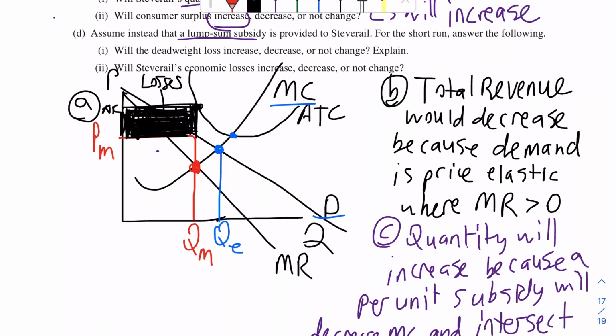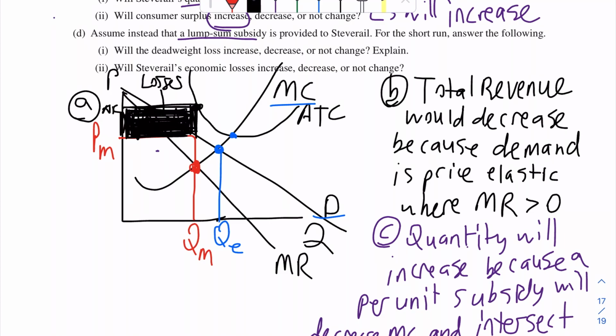Did this change the deadweight loss? Well, did we change our MR equals MC? And the answer is no, because they gave you a lump sum. Basically, your fixed cost goes down. Remember, the fixed cost is something that doesn't change with quantity.